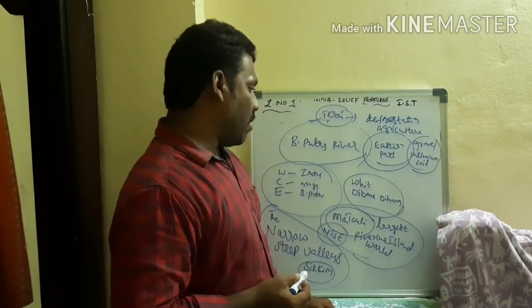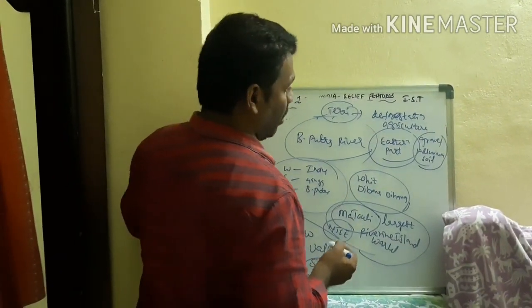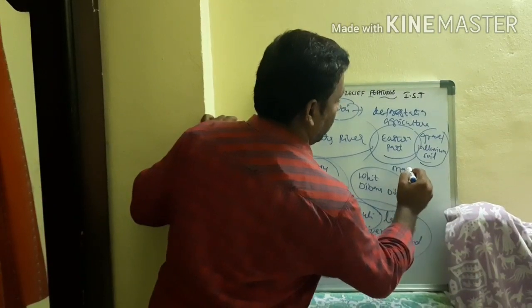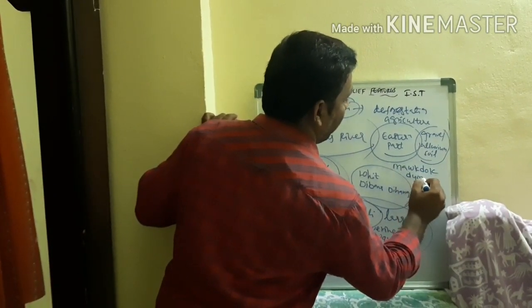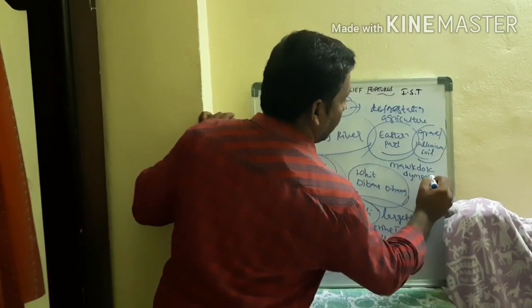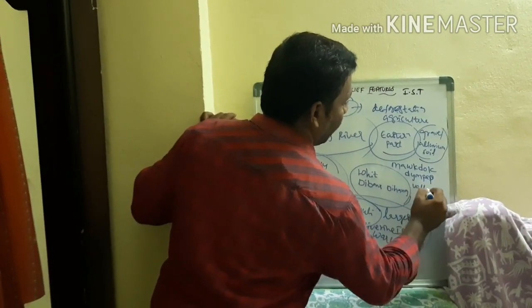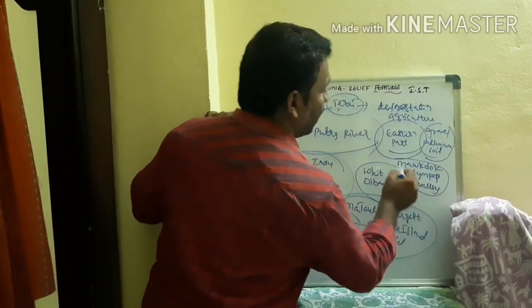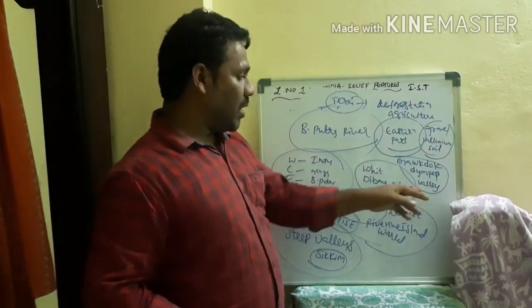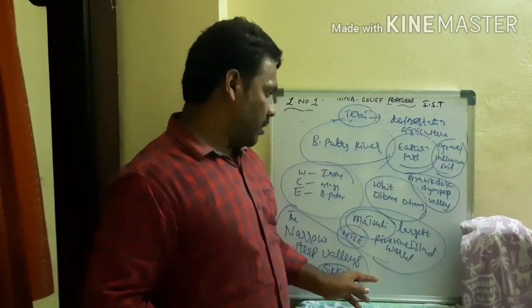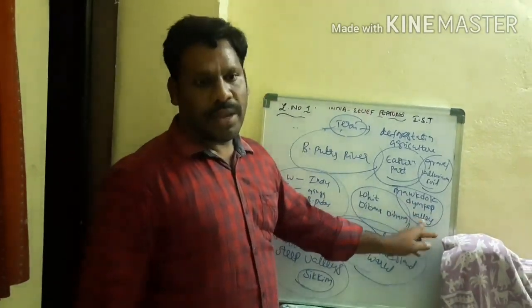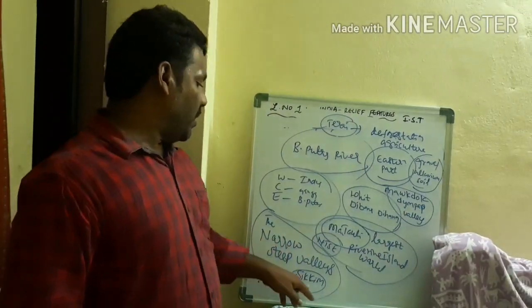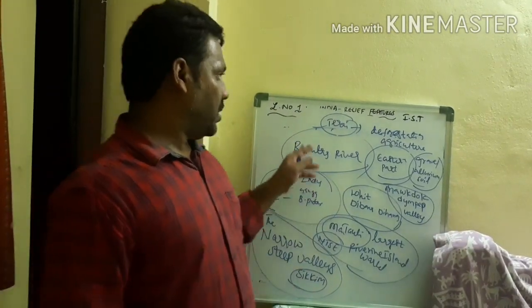And one more important concept: Mokdok Dimpet Valley. It is located in which state? Meghalaya state. Both are one mark questions or multiple choice questions that will be asked in the examination. Mokdok Dimpet Valley is located in Meghalaya. The narrow steep valley is located in Sikkim. This is about our topic.